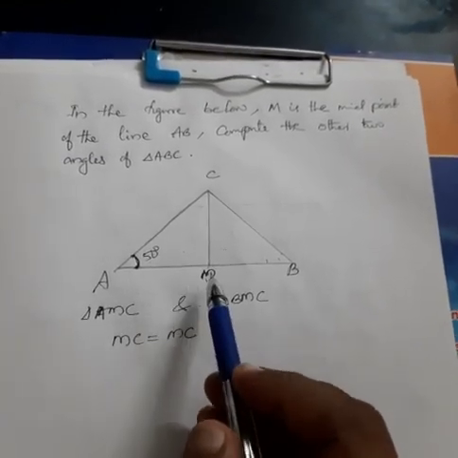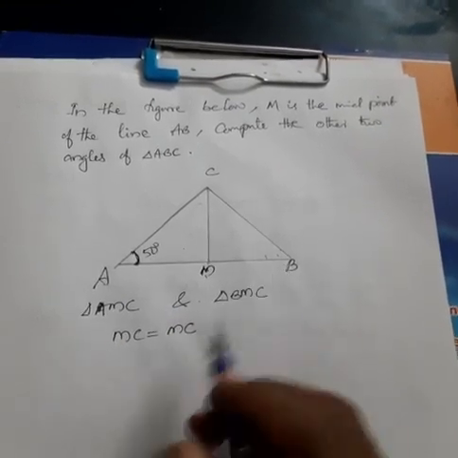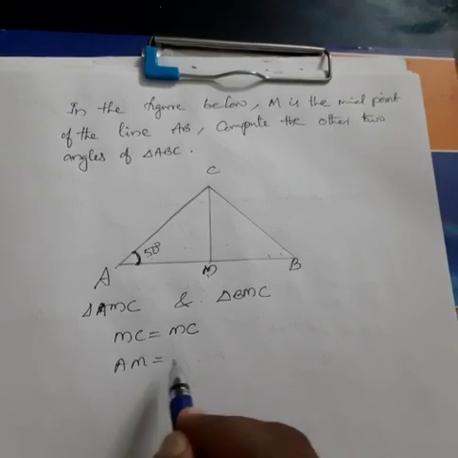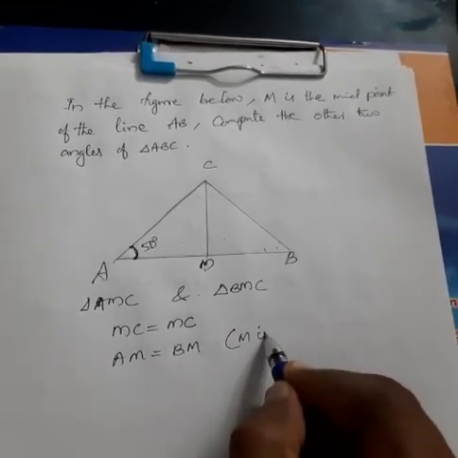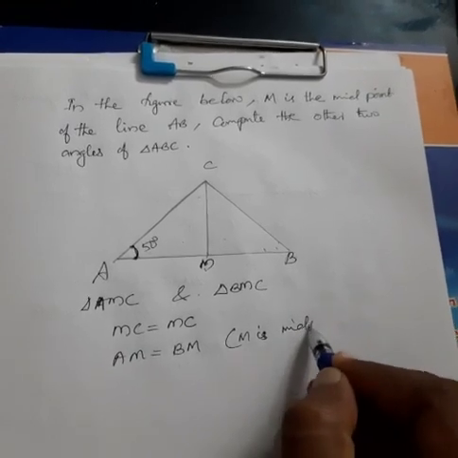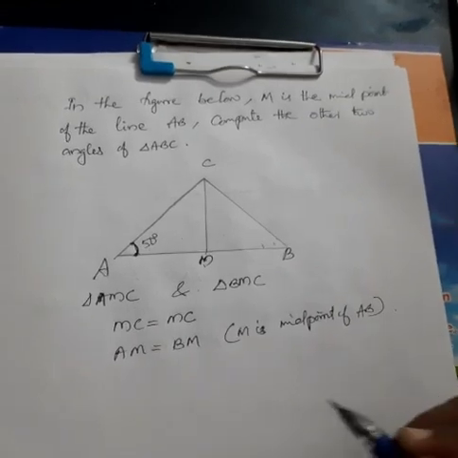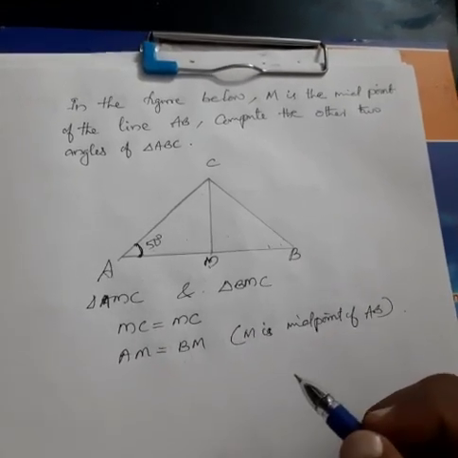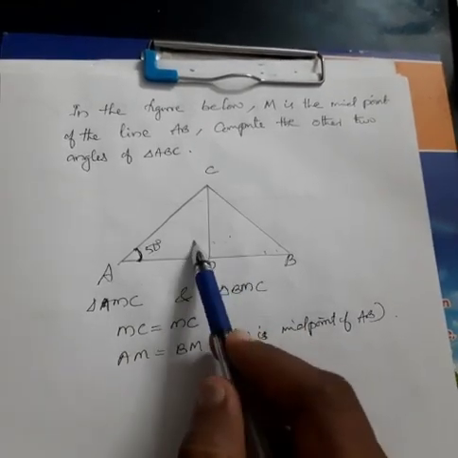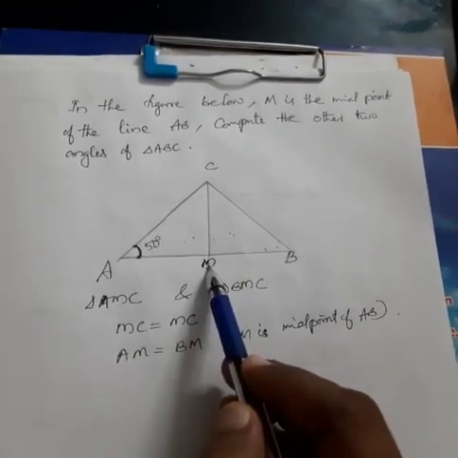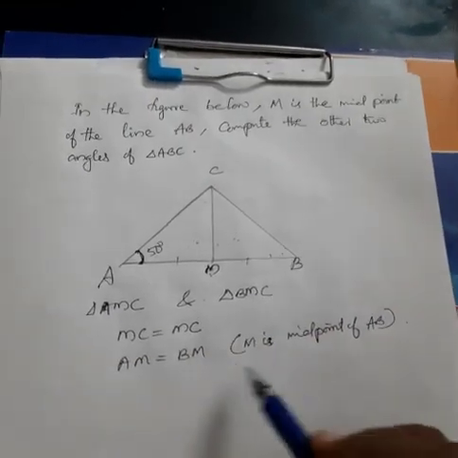Then if M is the midpoint, we can write AM is equal to BM because M is the midpoint of AB. MC is the common side for both the triangles and M is the midpoint of this line, so these two sides are equal.